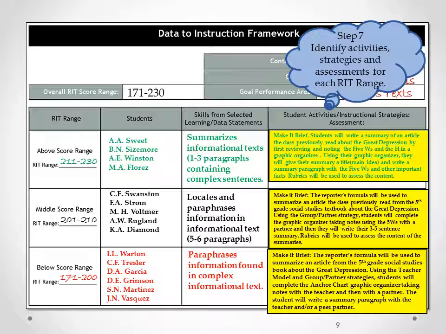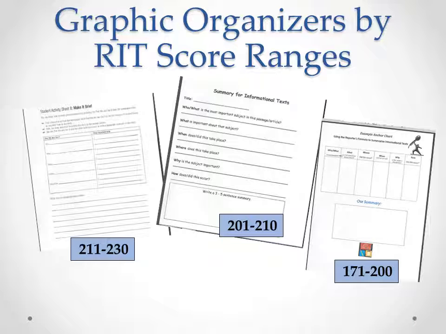The emphasis will be on writing a 3-sentence paragraph with the main idea or topic and details. Because the tasks are differentiated for the student groups, the graphic organizers are also different. Each group will receive the support necessary to be successful with this task for summarizing or paraphrasing.